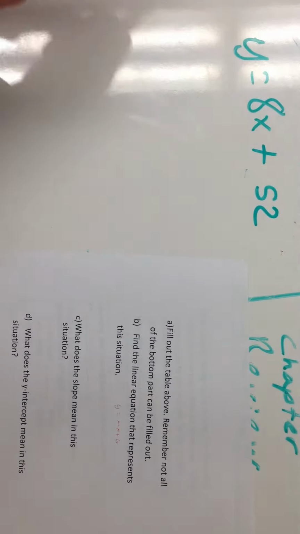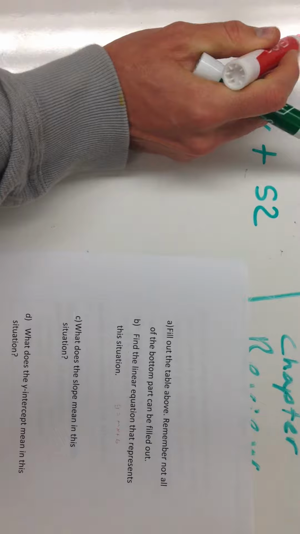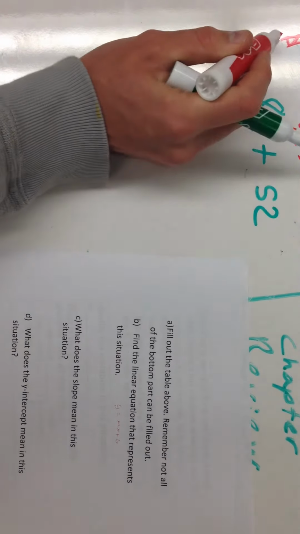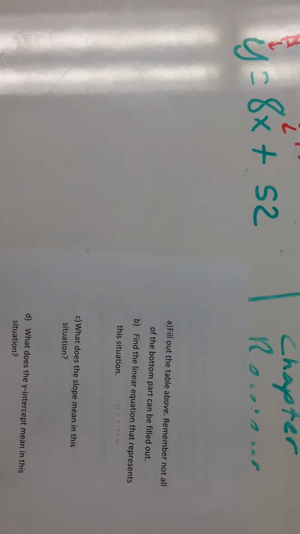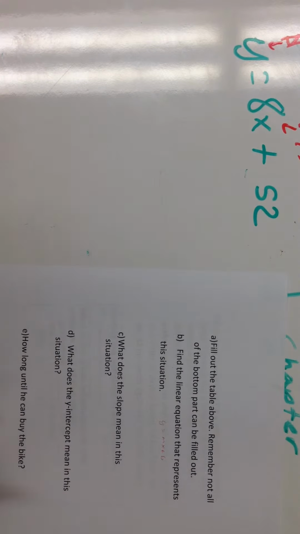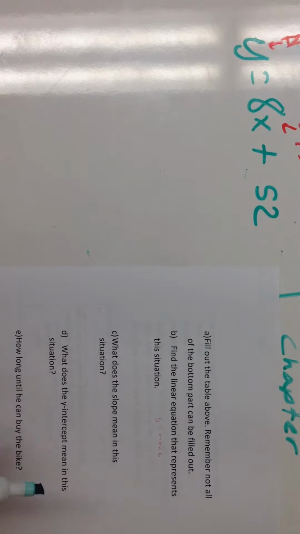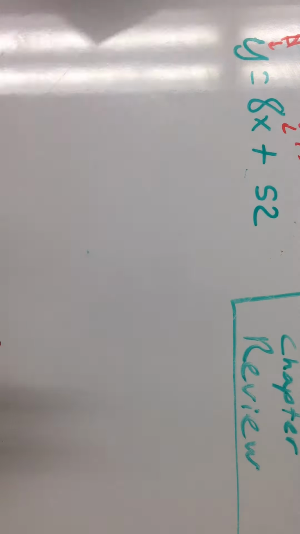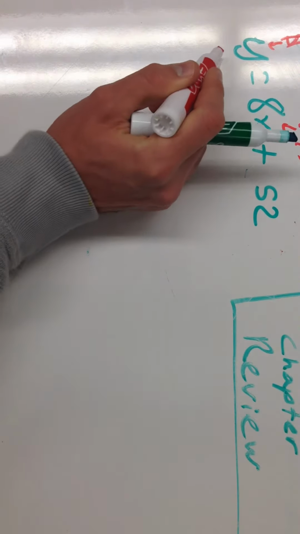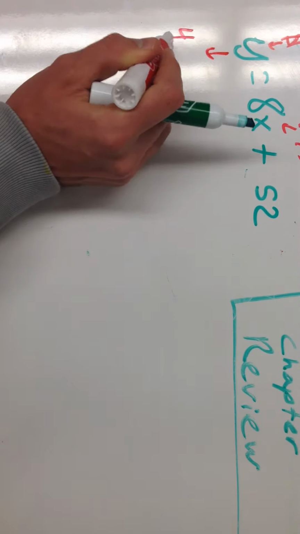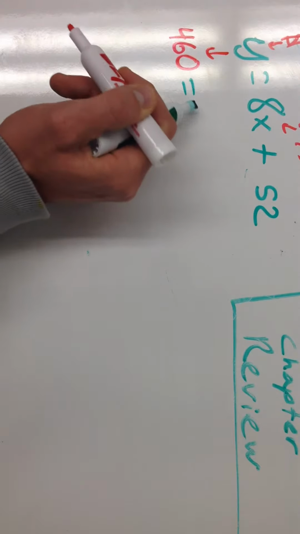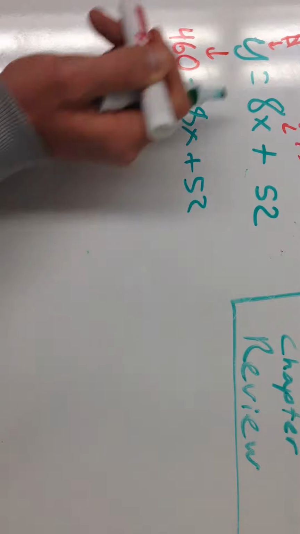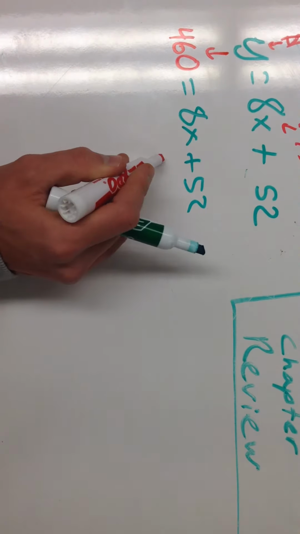Remember, y stood for money, and x stood for days. So when they ask us how long until you can buy the bike in Part E, we've got to think. Remember, the bike was $460. So $460 is a y value. And what we're trying to solve for is the days, the x value. So I substitute that in, and I'm going to use my equation to solve from here.